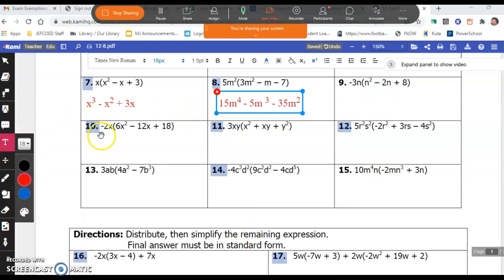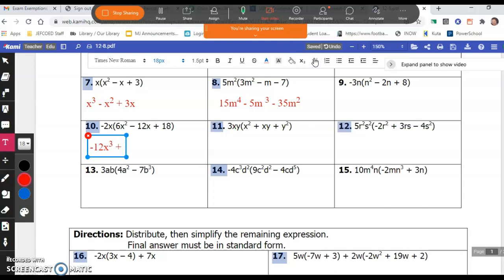All right, number 10, we've got negative 2x distributed across those 3 terms. Negative 2 times the 6 is going to give us negative what? 12. X times x squared is going to be x to the third. Good. And then we have negative 2x times that negative 12.